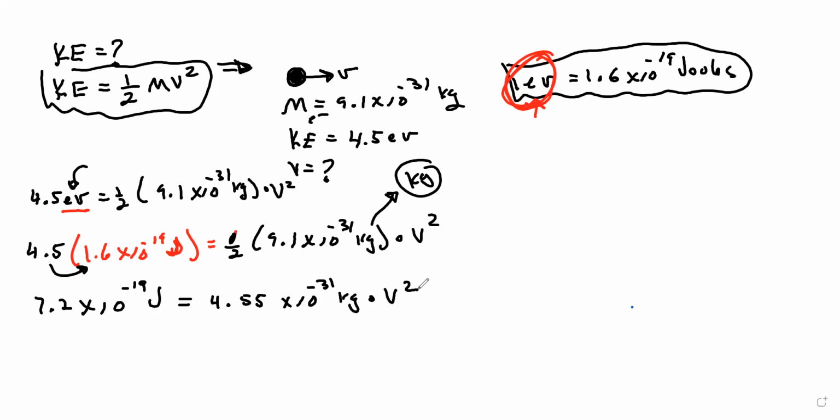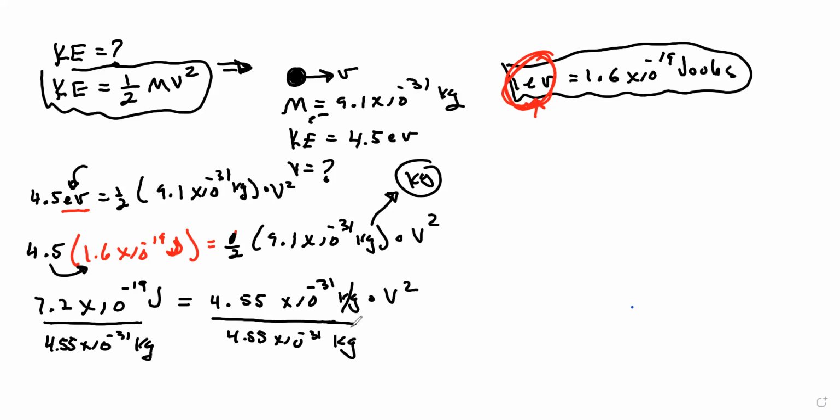Let's divide by 4.55 times 10 to the minus 31 kilograms, and divide this one by the same thing, 4.55 times 10 to the minus 31 kilograms. So this cancels with this.